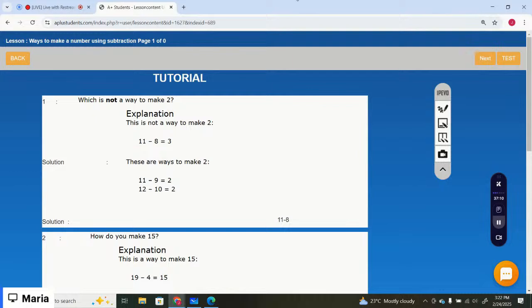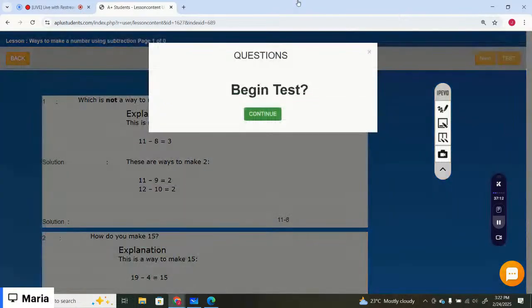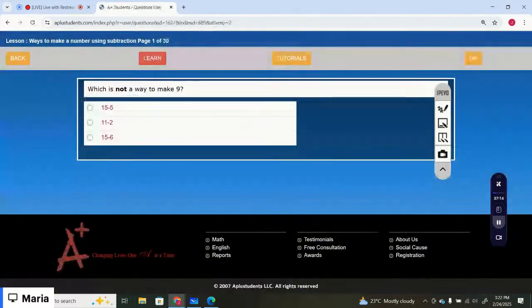Let's just start with the test questions, because here you're not given the options. So, which is not a way to make 9? You are given 3 of the options. You have to subtract them one by one and see the one that is not a way to make 9.